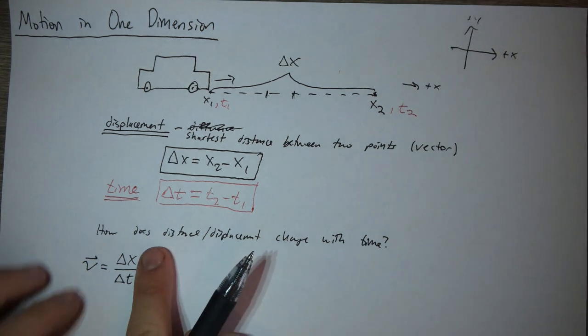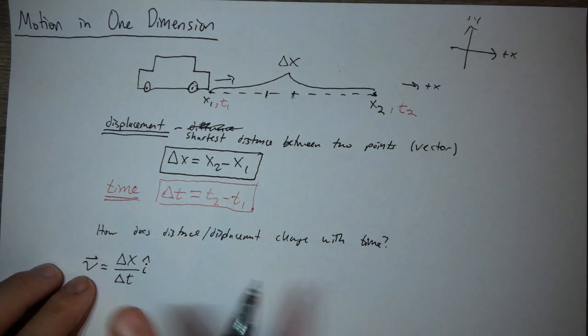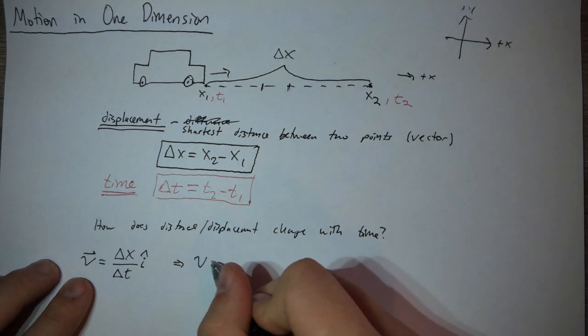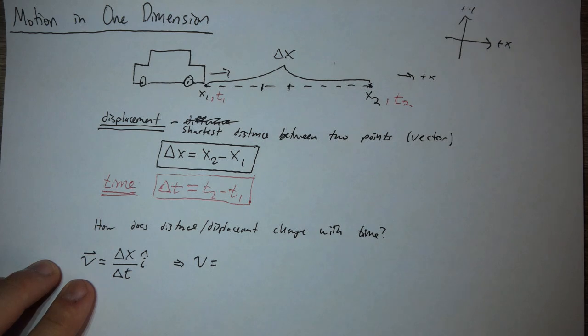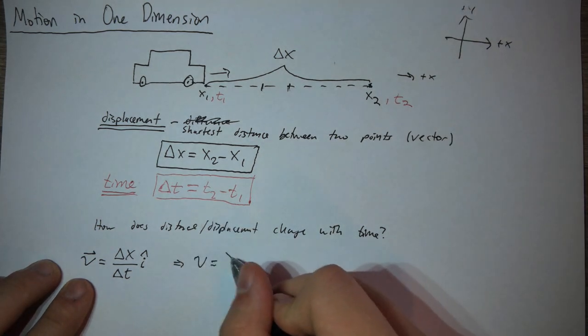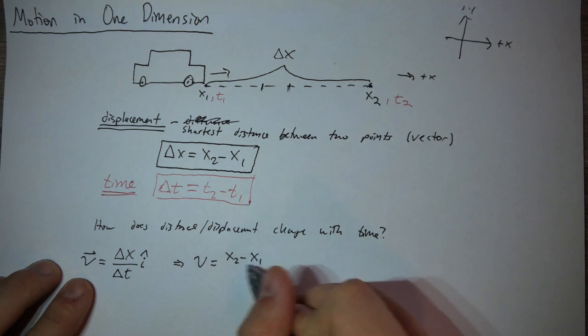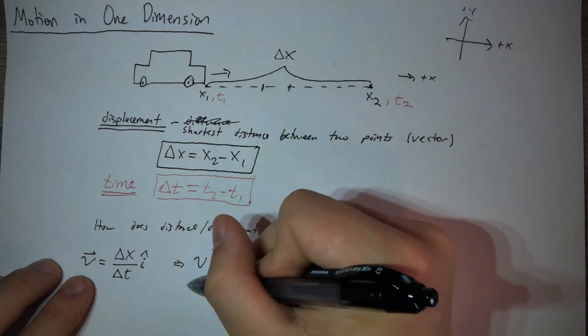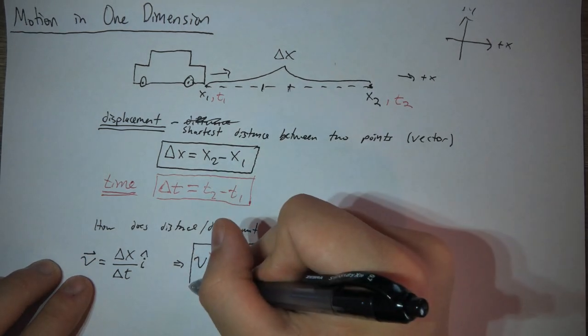But let's forget about the vector for now. Let's just consider these variables. So v is equal to delta x over delta t, which is x2 minus x1 over t2 minus t1.